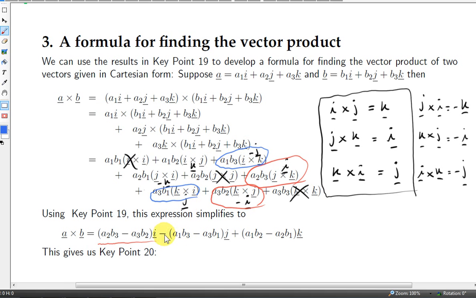So we could write it like this. If we take out a minus sign, then this would become plus a1b3. But if we take the minus sign out here, we have to have minus a3b1 to give back the plus a3b1. And finally, the k terms. Well, this is plus a1b2, and this one here has a minus sign, so we have minus a2b1.